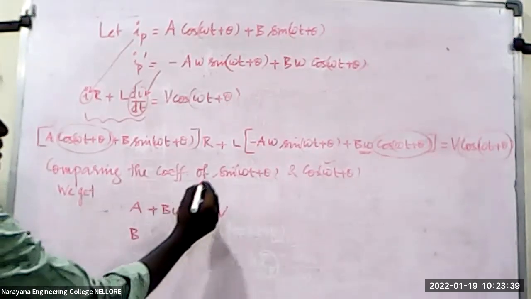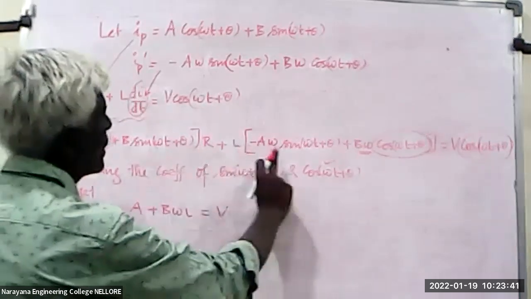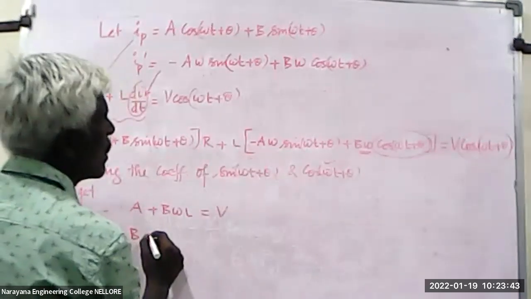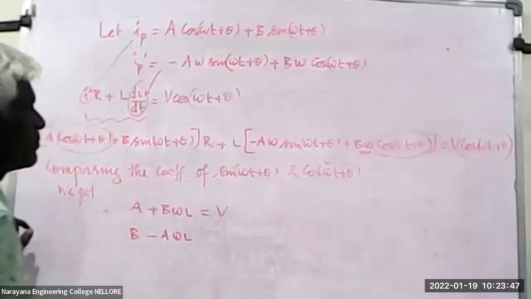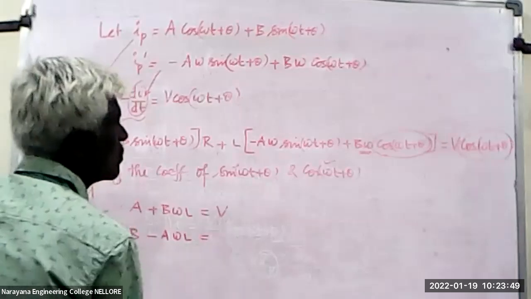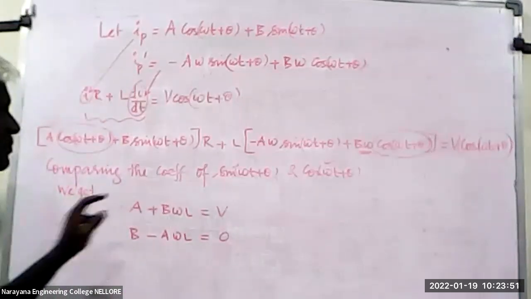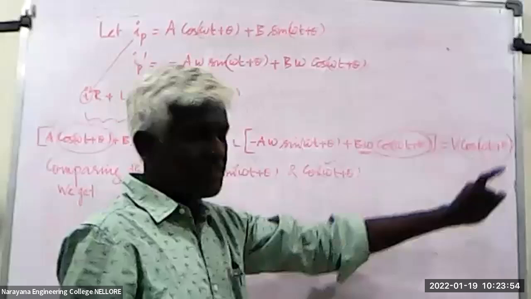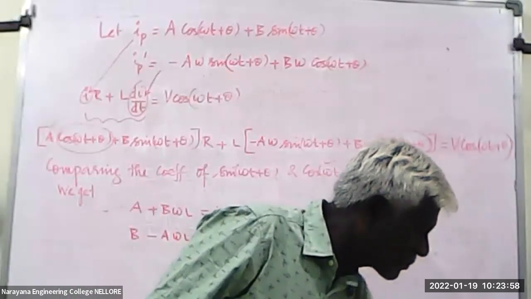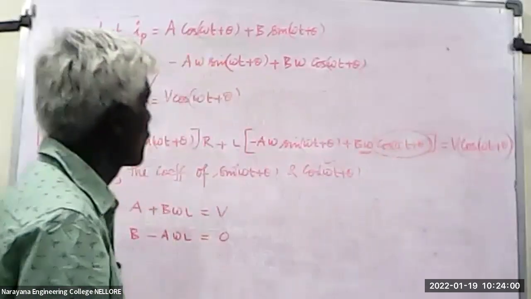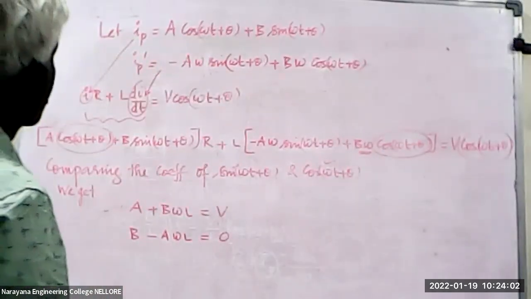Okay, I get B here, and then minus A ω L, which is equal to 0 here, correct? Doubt, sir. What is the sin term here? Sir, we ought to write AR, sir. There is a coefficient R, sir.